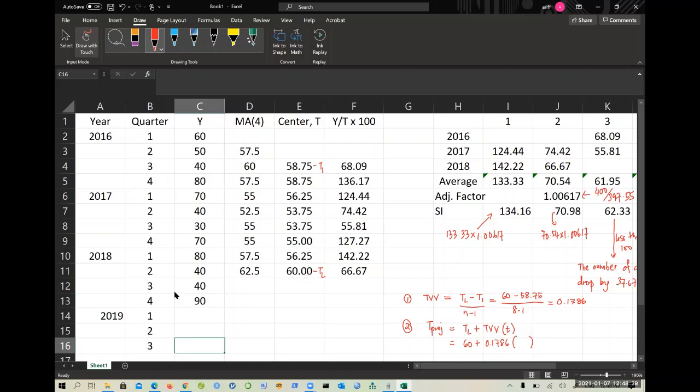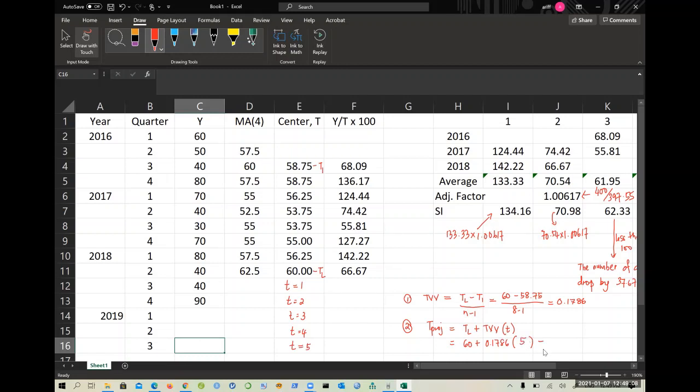So the period after the last trend values will take the value of small letter t equal to 1. So this one gonna be t equal to 2, t equal to 3, t equal to 4, and finally at the position that we want to forecast, the value of t is equal to 5.